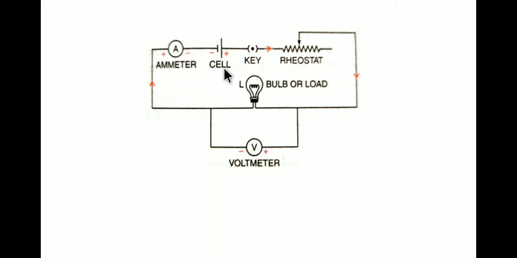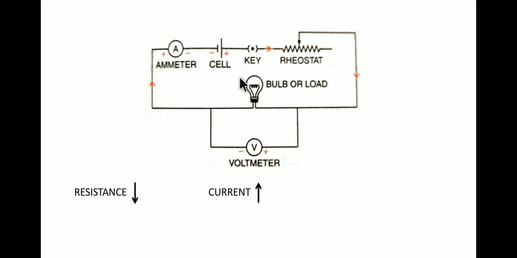Now when the resistance is decreased, what will happen? If the resistance is decreased, then the current will increase, because decreased resistance means the current has to increase, and when there is more current flowing through the circuit, the bulb will start glowing more brightly.